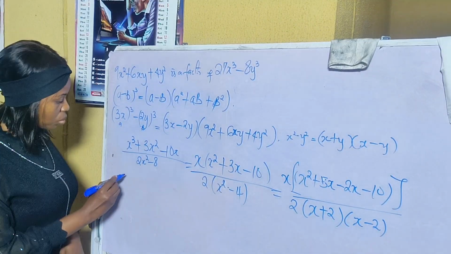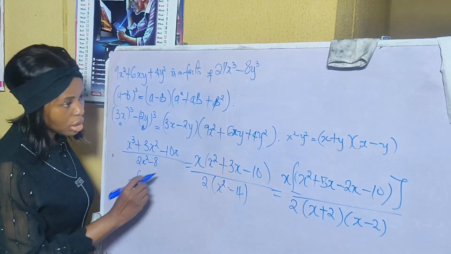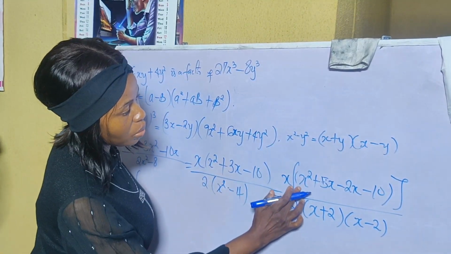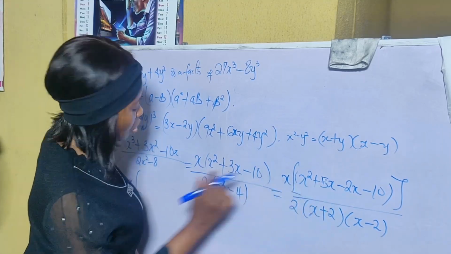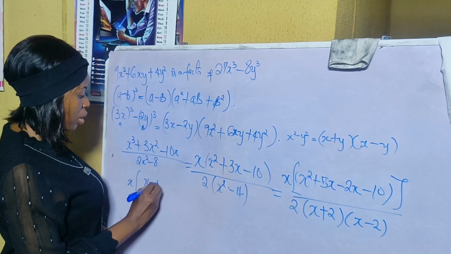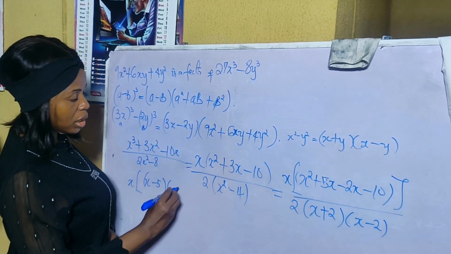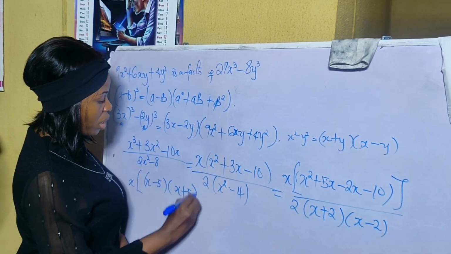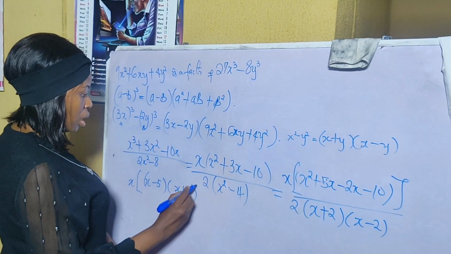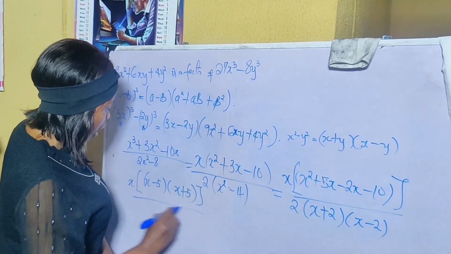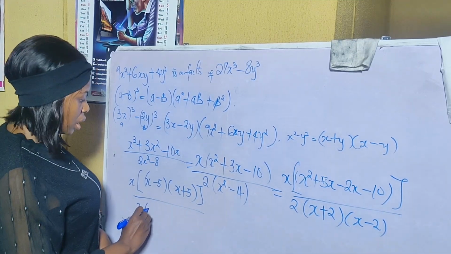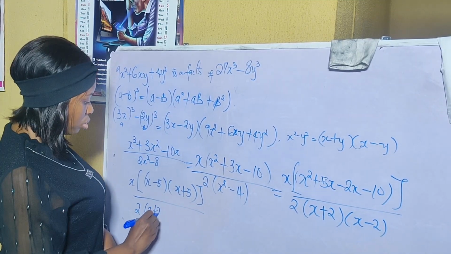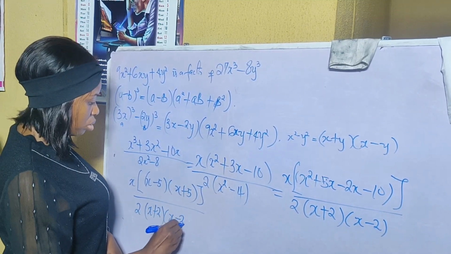So this will now be, you can see that x is common here, so an x minus 2. So I have x minus 2 bracket x plus 5 when I factorize this, all over 2 bracket x plus 2 bracket x minus 2.